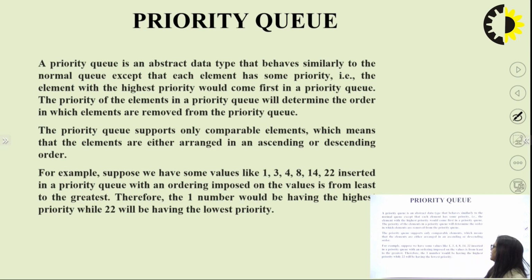Let's take an example: 1 3 4 8 12 22. These are elements you want to insert in a priority queue. In ascending order, 1 has the highest priority and 22 has the lowest priority. So 1 is inserted first, then 3, then 4, according to their priority.